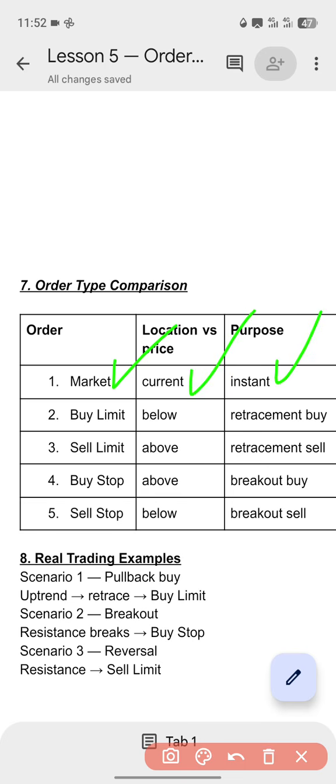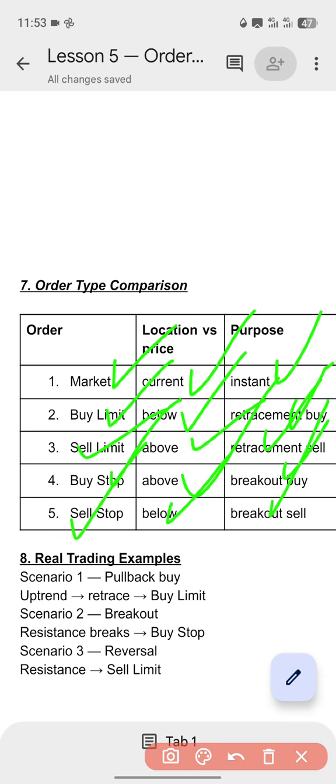It's instant. Buy limit opens below, which allows you to enter on a retracement. Sell limit opens above and allows you to enter at a retracement. Buy stop above allows you to enter on a breakout. Sell stop below allows you to enter on a break to sell.